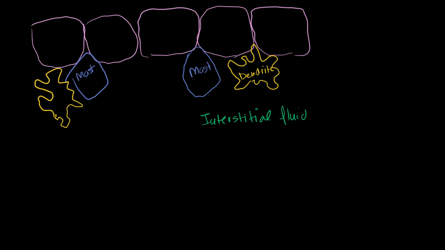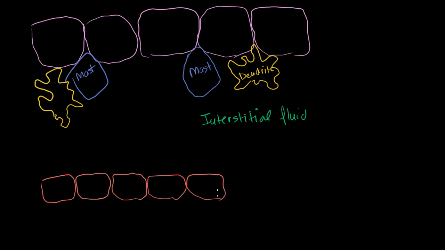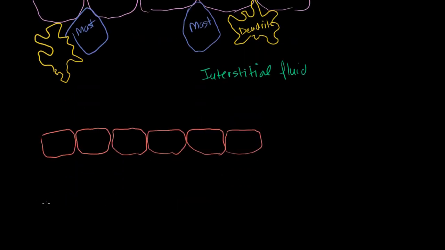So let me draw that. Instead of just drawing them as tubes, I'm actually going to draw the cells of our circulatory system. So let's say that these down here are the endothelial cells of our capillaries. These are literally the cells that make up the walls of our capillaries. Let's say that's one side, and let me draw the bottom side right here.